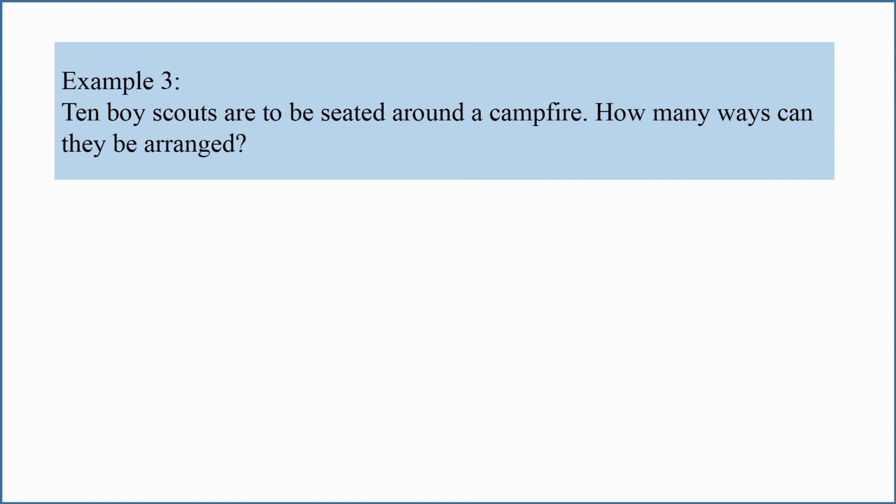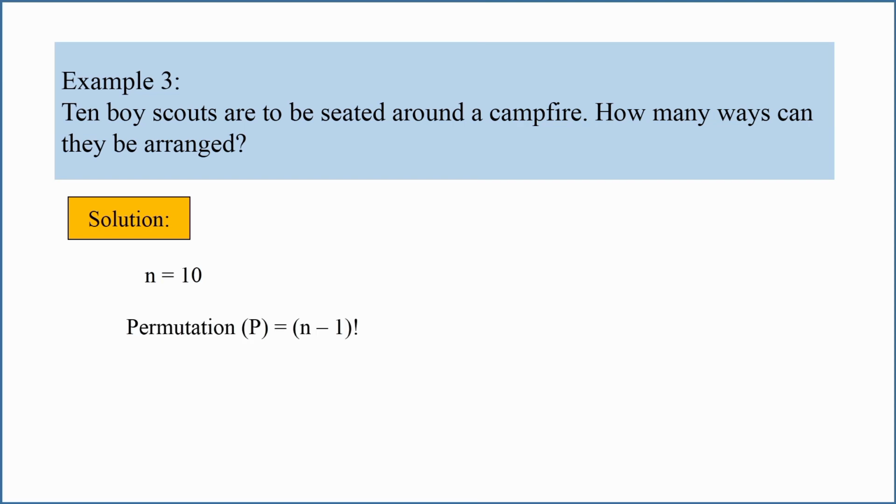There are 10 Boy Scouts, so n here is 10. Use the formula in solving circular permutation, then substitute the value of n, which is 10. That is (10 minus 1) factorial. 10 minus 1 is equal to 9, so we have 9 factorial. Apply again the fundamental counting principle.